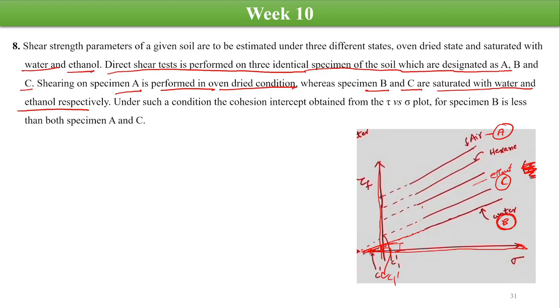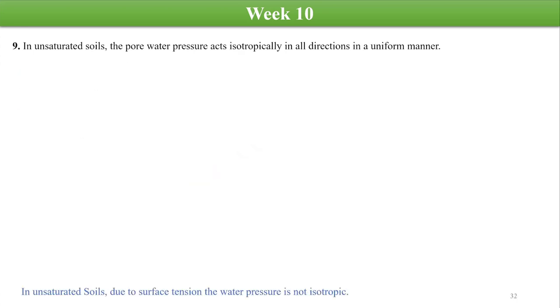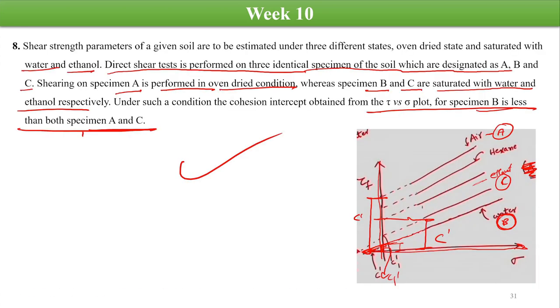For specimens A and C the cohesion intercepts are much higher. So this statement is actually correct, that for specimen B the cohesion intercept is lesser than for specimens A and C. In this question, if you have any doubt, do let me know.